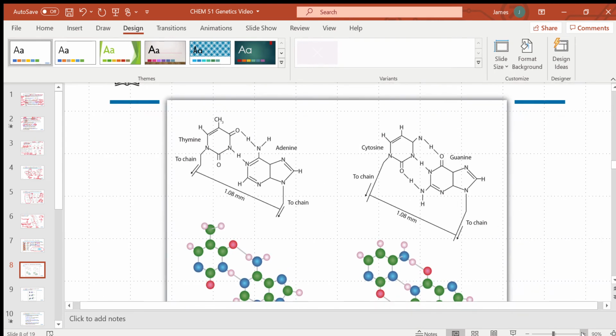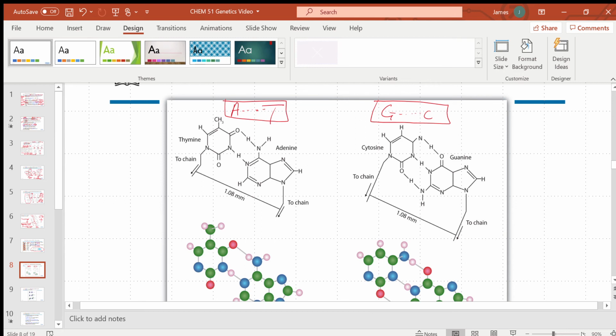So again, we said we've got our AT base pairing. You can see the actual bases here, and we have our GC base pairing. So the fact that we have T means that this is DNA.